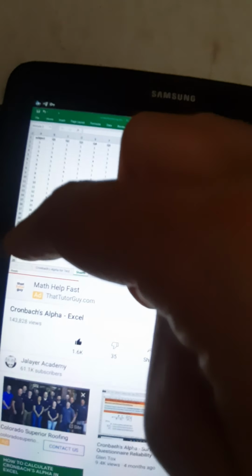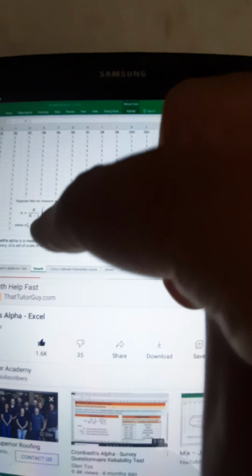And we have this formula. We can get the value of k. The k is 20 here because we have 20 questions. The k minus 1 is 19, because 20 minus 1 is 19.